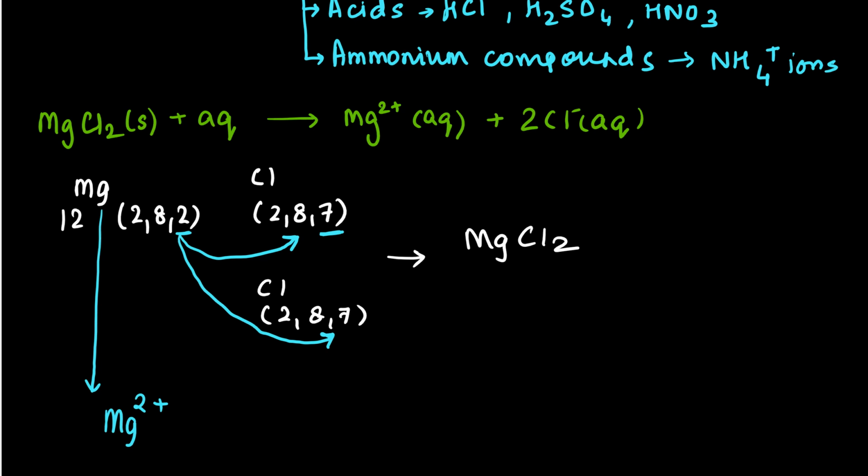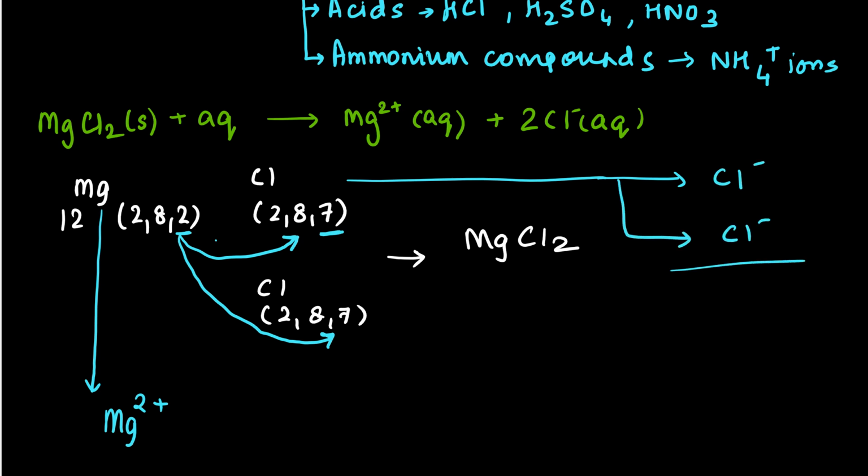And how many chloride ions are formed? When the chlorine accepts an electron, I'm going to get 2 chloride ions, each with a charge of -1.